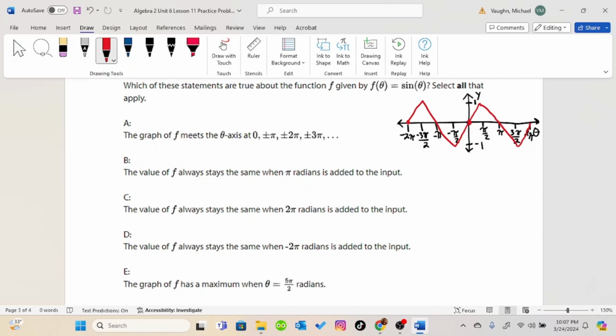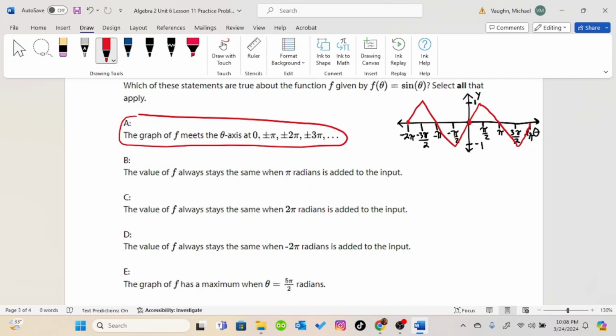So for A, the graph of f meets the theta axis at 0, that's at the origin, at plus and minus pi, plus and minus 2 pi, and if we kept going, it would also hit at plus or minus 3 pi, and it would be the same way for every whole number multiple of pi. So A is a correct choice.